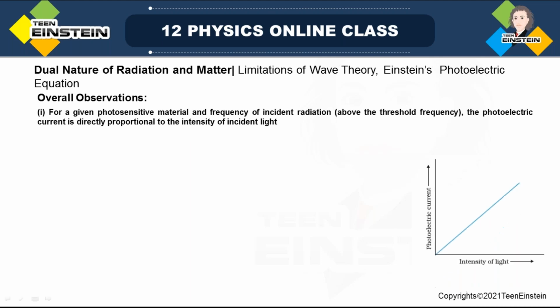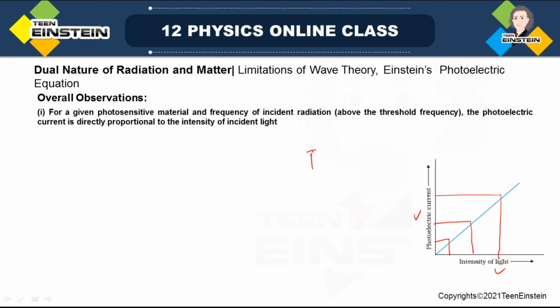So we have seen that you can look at this: this is the photoelectric current and this is the intensity of the light, the intensity of the incident light on the metal surface. As you can see from here, the intensity of light and the photocurrent are linearly proportional to each other.